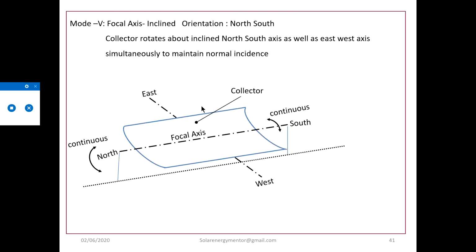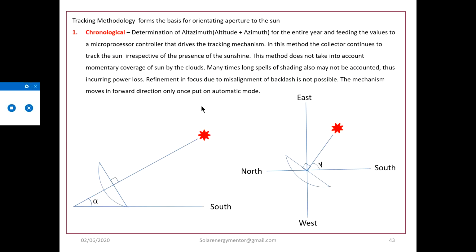This type of minute adjustment or refinement cannot be done in this methodology of tracking. Once the aperture moves forward, it cannot be taken back, once we put the tracking in automatic mode of chronological methodology. So only the chronological methodology for tracking is not desirable because it has its own inherent disadvantages.